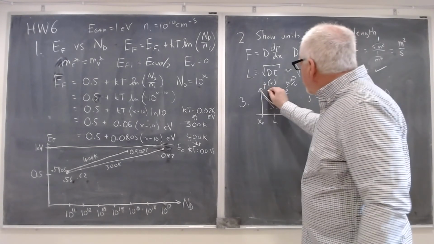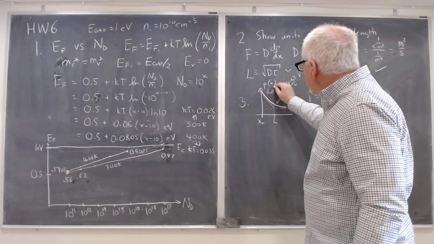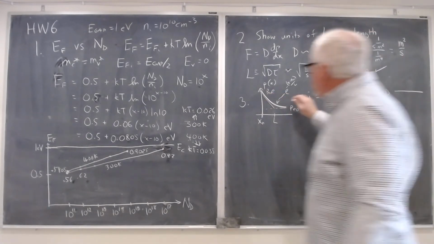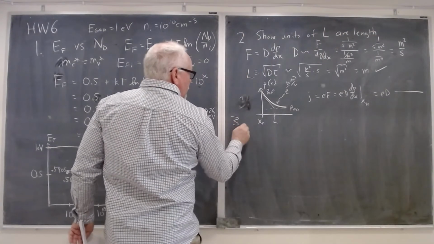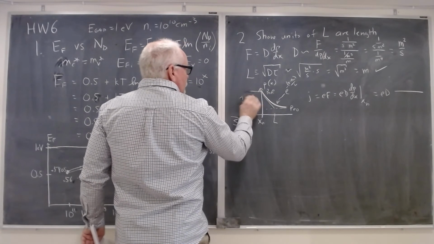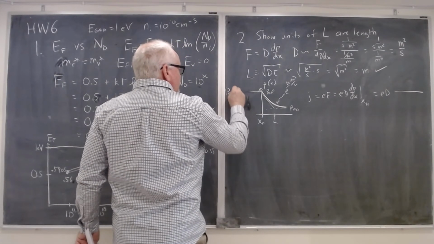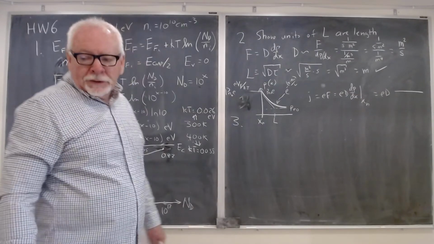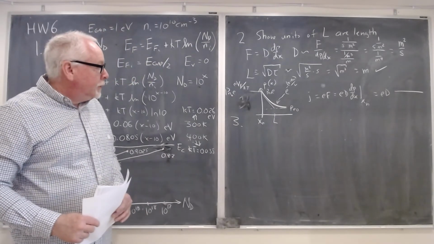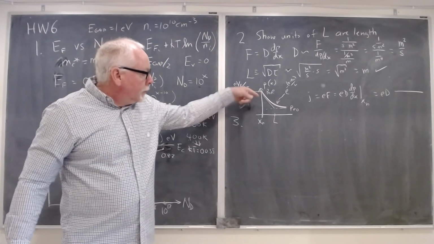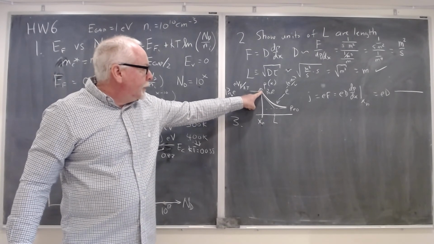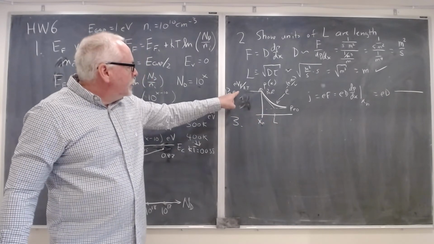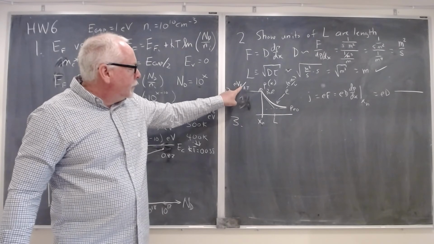And this is Pn0 e to the eVF over kT. All right, so by now it should be drummed into you that at the edge of the depletion region, the injected hole density goes as Pn0, the equilibrium hole density, times the exponent of e times the forward bias over kT.